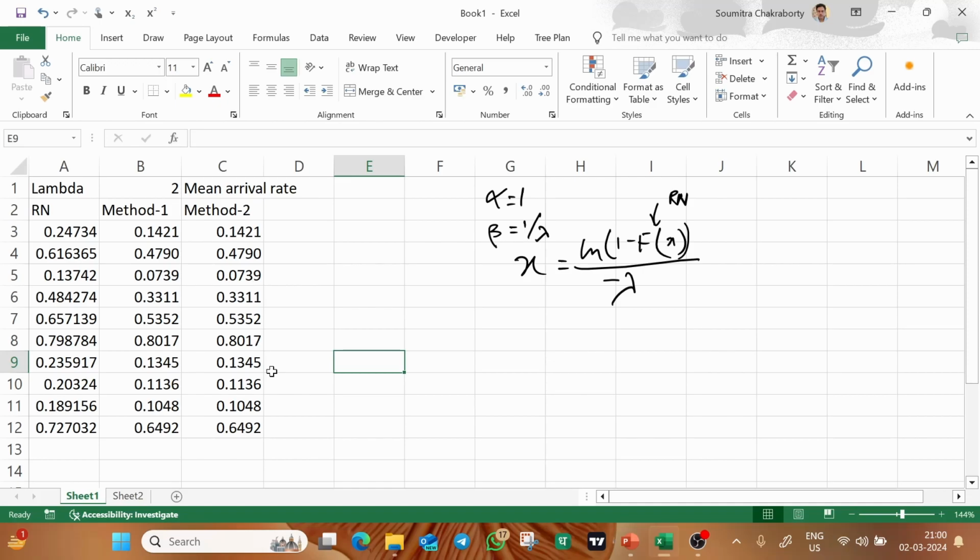Maybe using some other software or packages installed on Excel, you can probably find exponential or triangular inverse functions, but not using Excel's native functionality. So these are the tricks of using Excel, without any software or add-ins, for simulating the triangular distribution and exponential distribution.